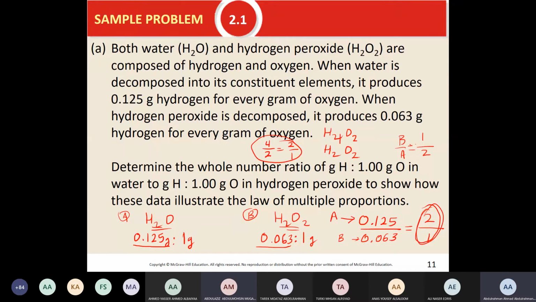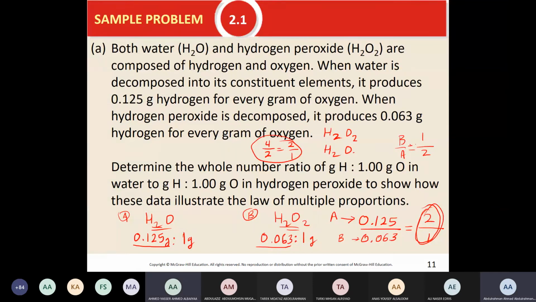But you use it to compare. You need to compare it to oxygen. It was like this: H2O2 and H2O. I want to compare. Should I say 2 to 2? No, I need to make also the oxygen the same because I'm comparing to oxygen. So what should I do?